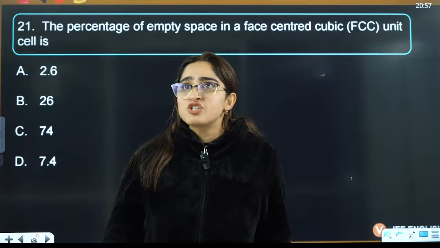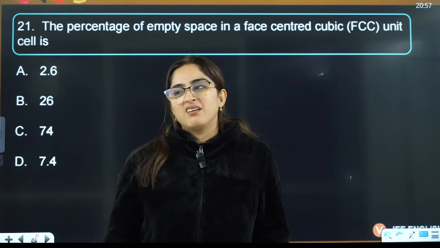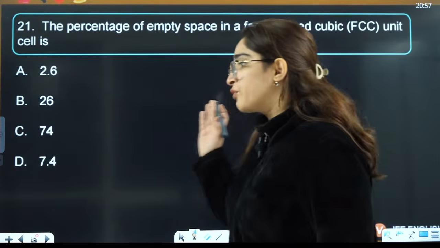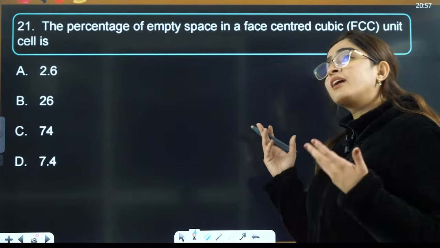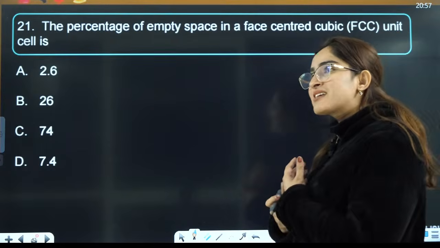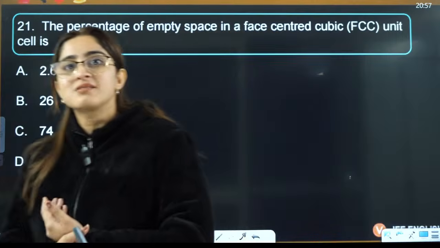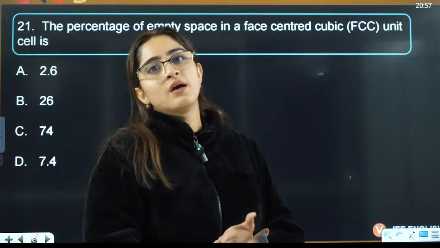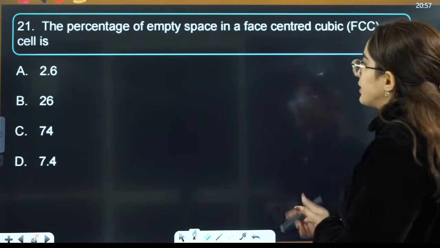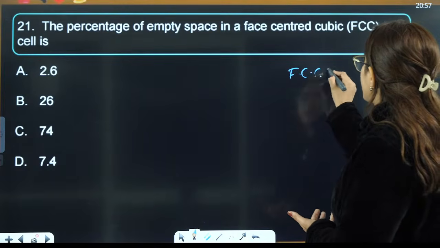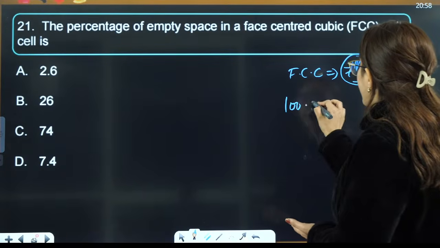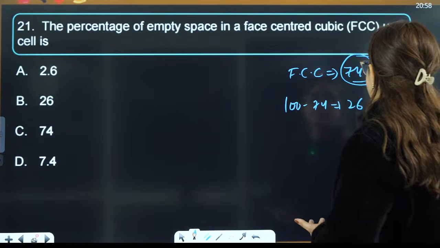I think a little bit of these chapters will work, because if they ask you a simple question from solid state, there will be easy questions in the exam as well. So the percentage of empty space in a face-centered unit cell is what? For FCC, the occupied percentage is 74%. So 100 minus 74 is nothing but 26%.